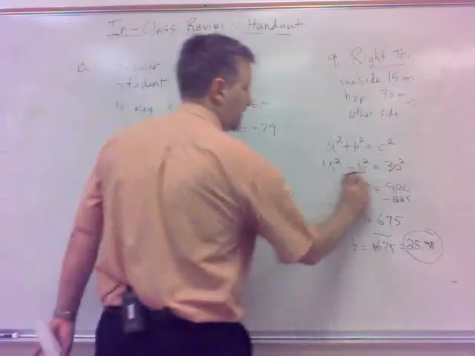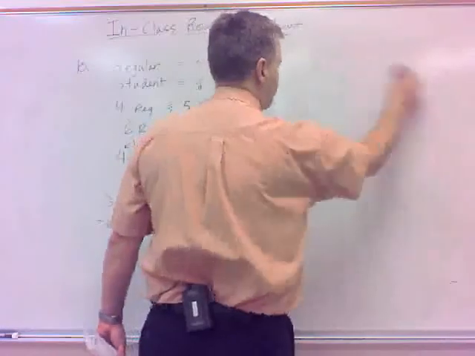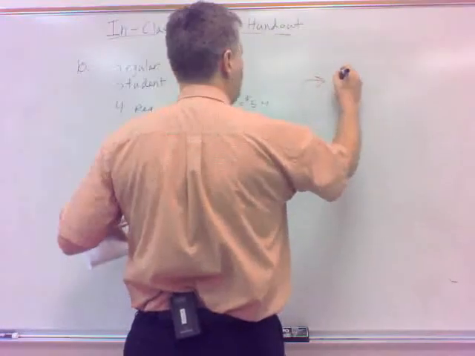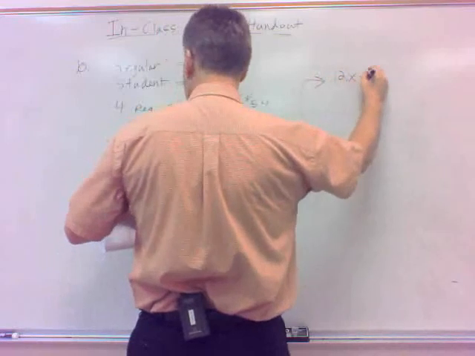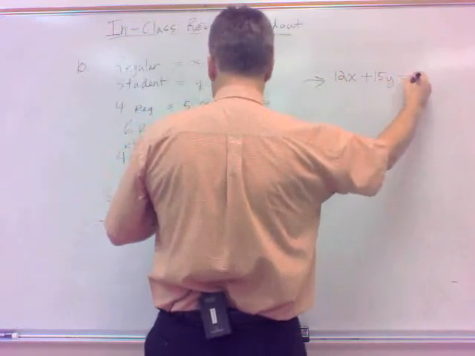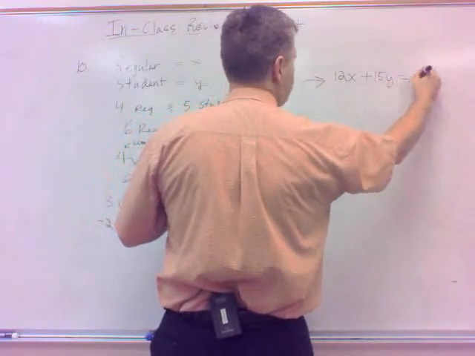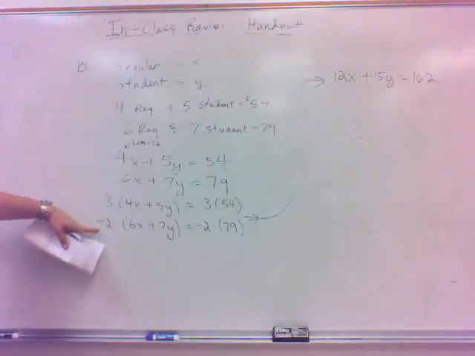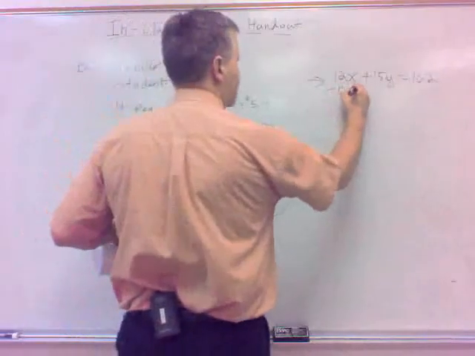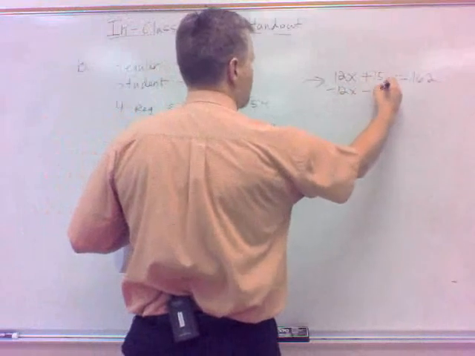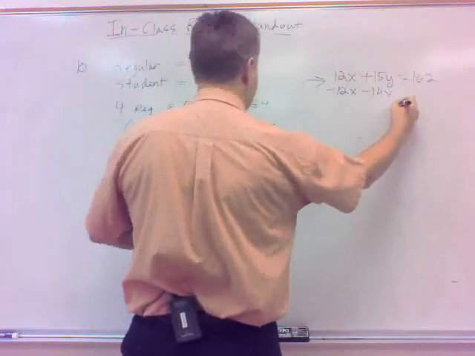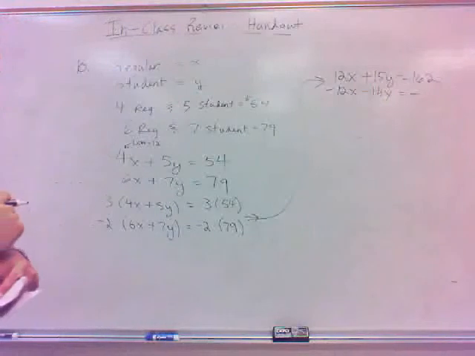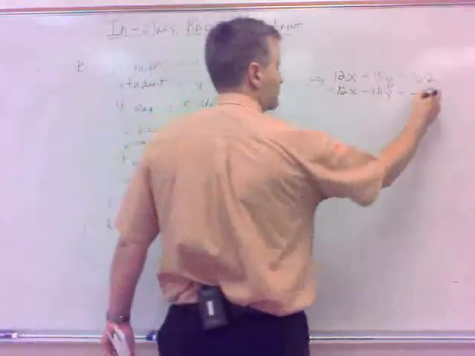So that's going to give me, let's go right here, 12x plus 15y equals 162. That sound okay? For the top one, and then the bottom is going to be negative 12x minus 14y equals negative. 2 times 79 is negative 158.